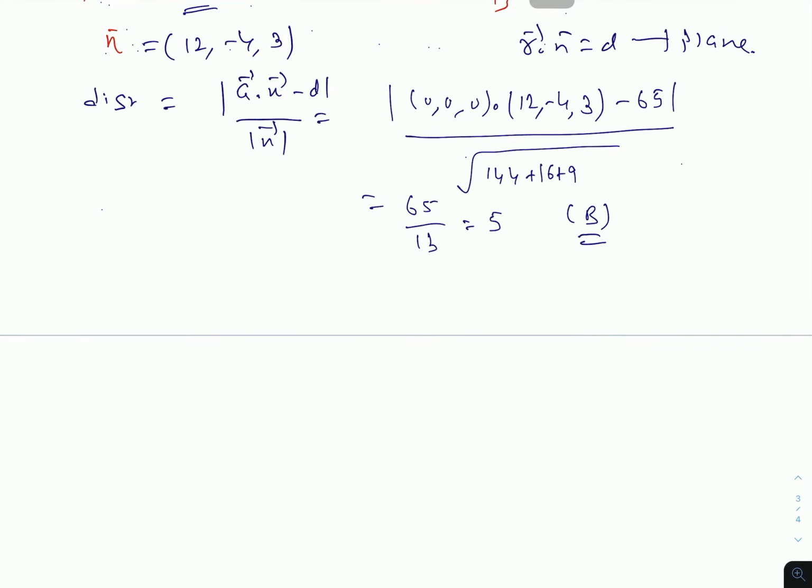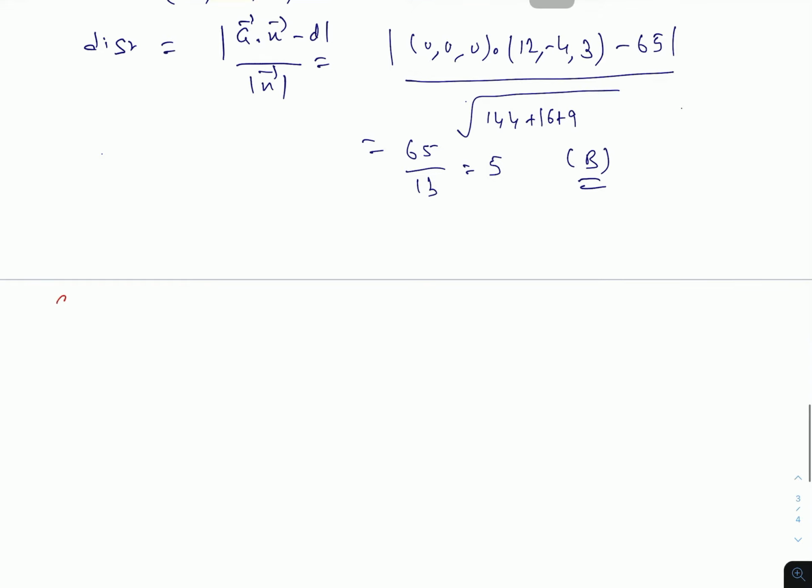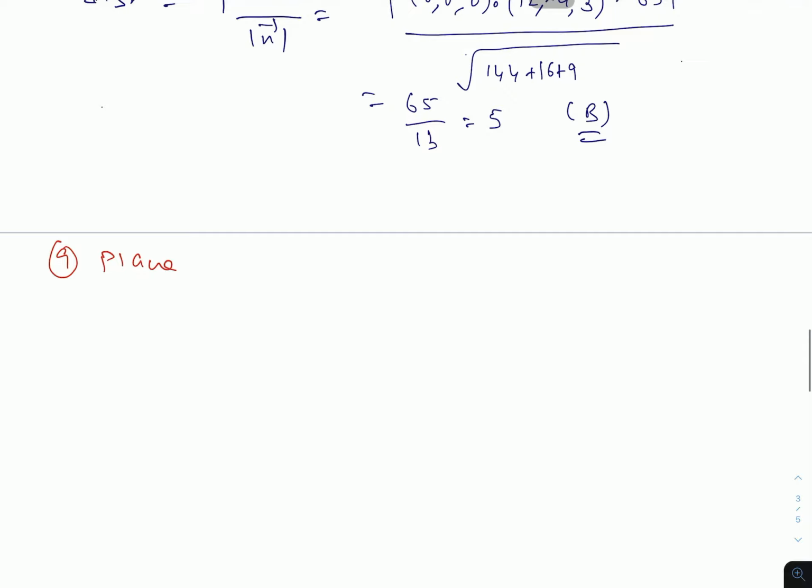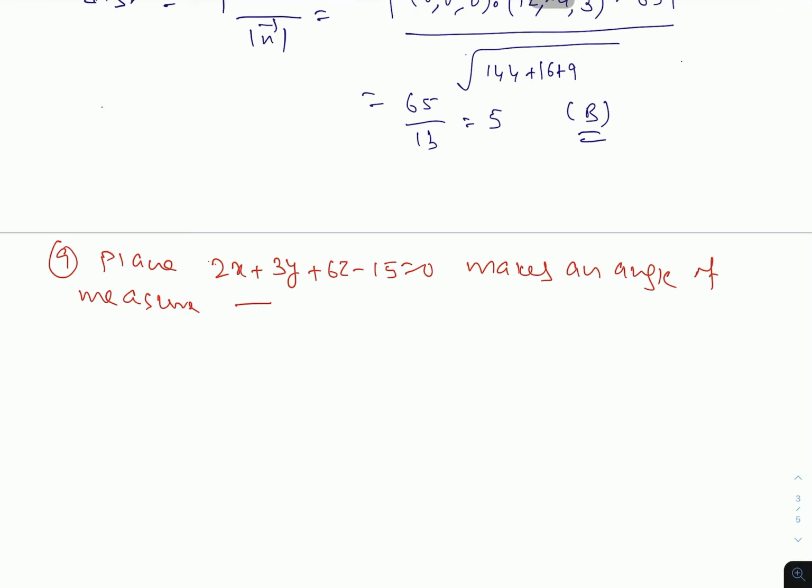Next, plane 2x plus 3y plus 6z minus 15 equal to 0 makes an angle of measure blank with x-axis.